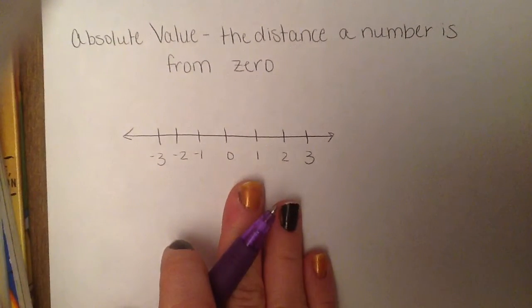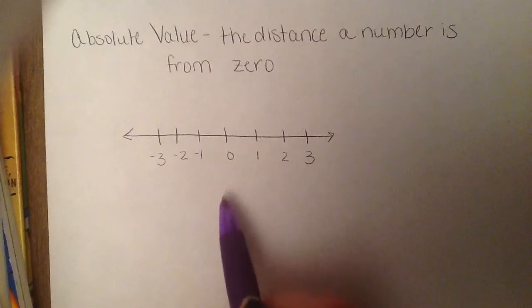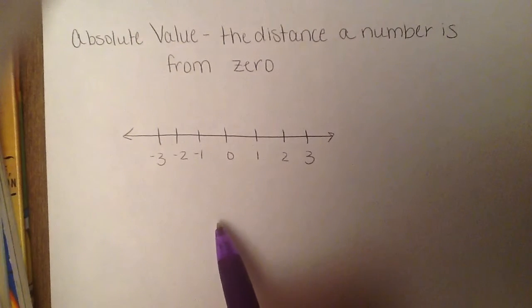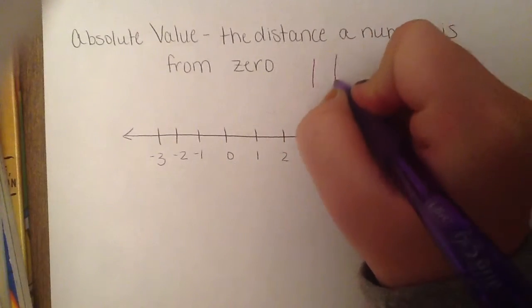When we are talking about a number line and integers, we have to discuss this word absolute value. Absolute value is the distance a number is from 0. So how many spaces that number is away from 0. We indicate absolute value with these bars.